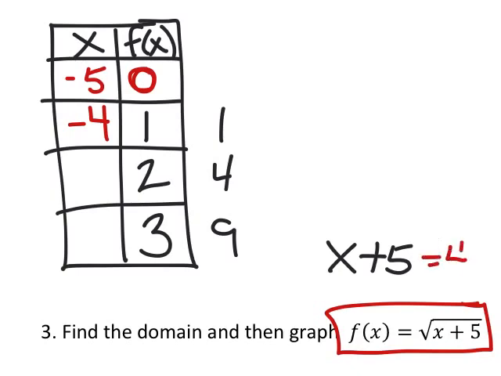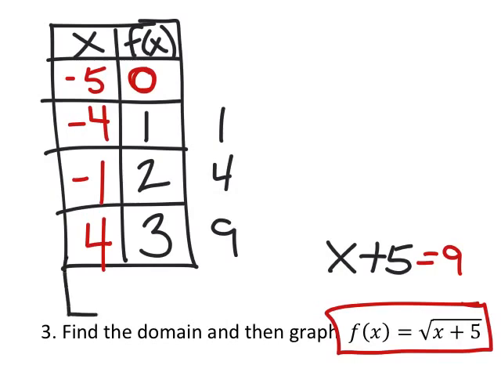Now, if we wanted this to equal 4, we'd subtract 5 from both sides and find that x there is negative 1. If we wanted this to be 9, then x would be 4. So if x plus 5 is 9, then the x value there is 4.